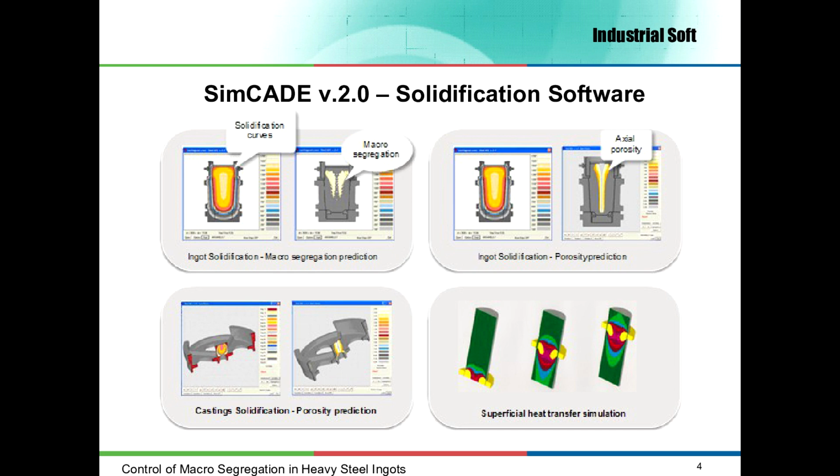The first example shows the solidification profile of an ingot and segregation prediction. The second one shows the solidification profile and the simulation of axial porosity in a steel ingot. The third example shows the simulation of porosity in steel castings, and the last one, an application in the heat treatment area.